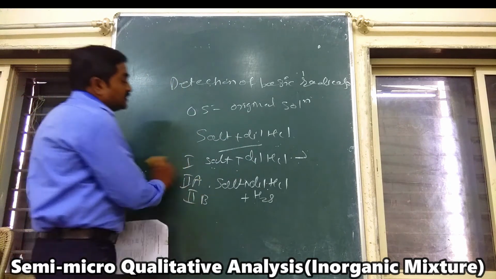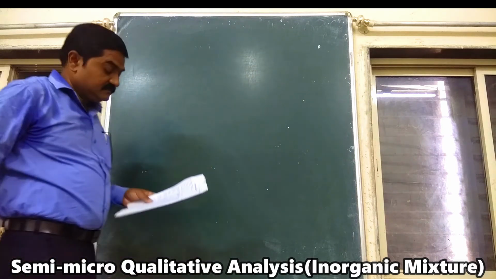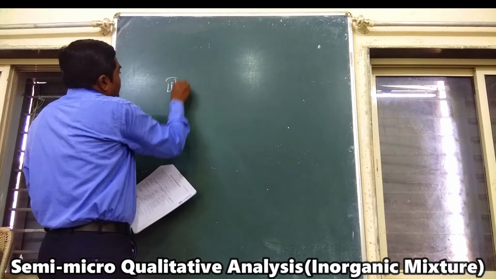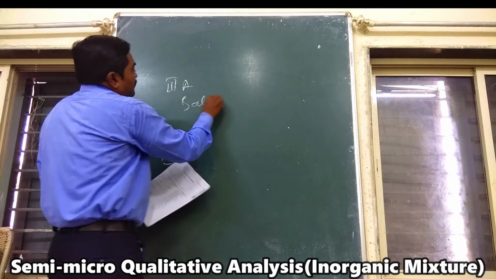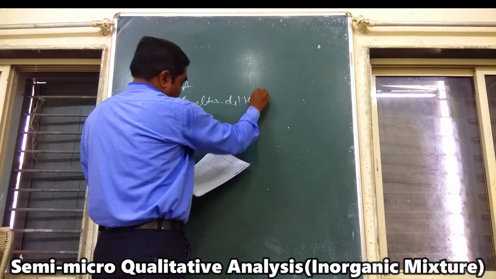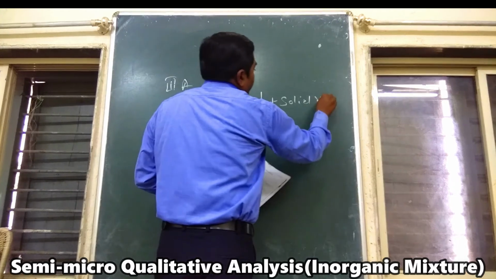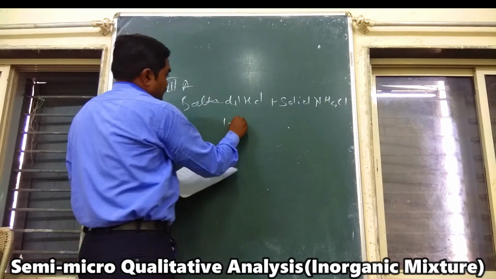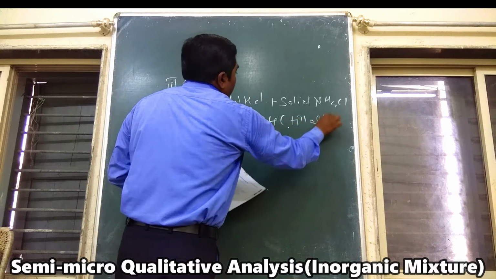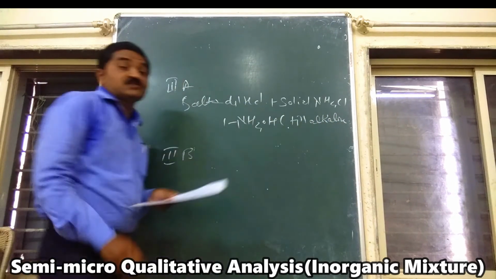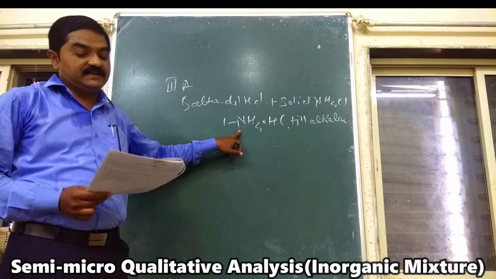Then the next is third A and third B. Salt plus dilute HCl plus solid NH4Cl plus NH4OH till alkaline, that means excess.